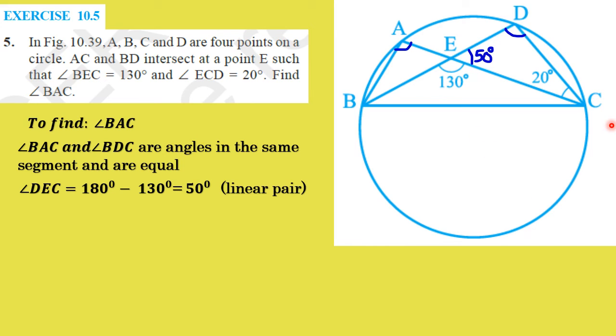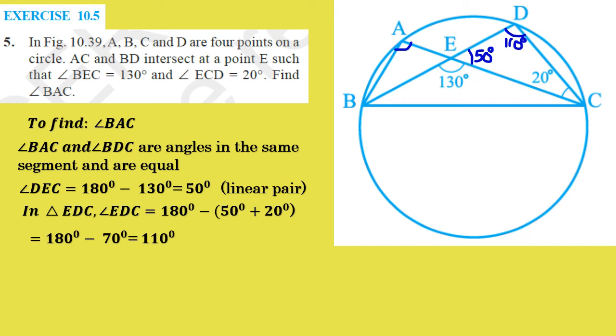So angle CED is equal to 50. Now we can find angle D using the angle sum property. So that is 110. So that means angle BAC is also 110. Got it? Shall we move on to the next question? Okay then. Let us move.